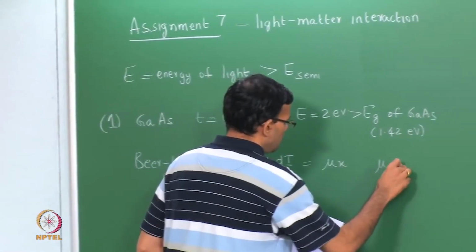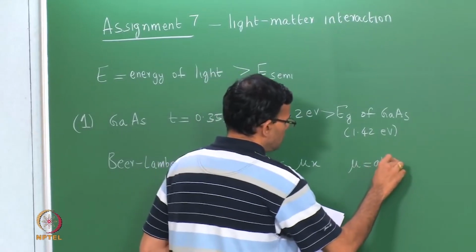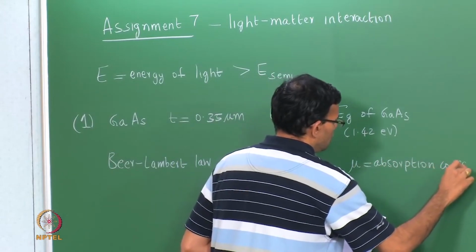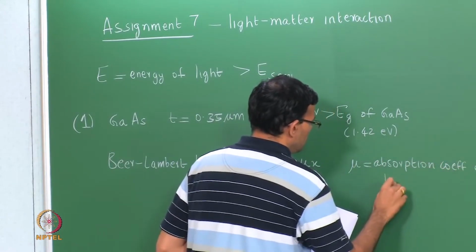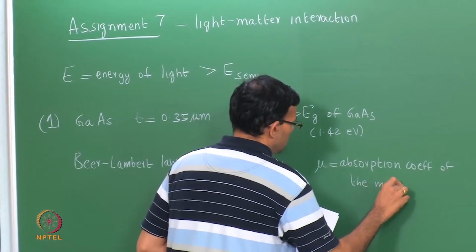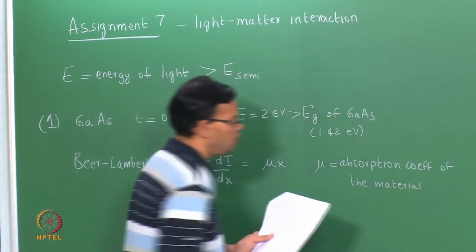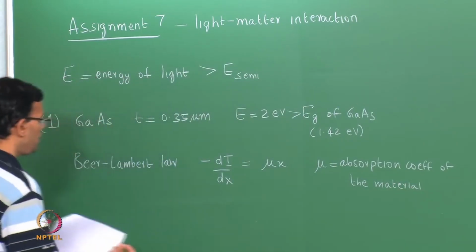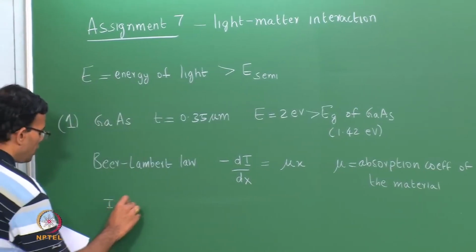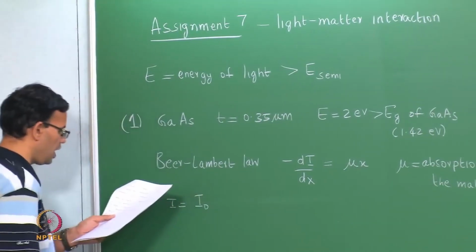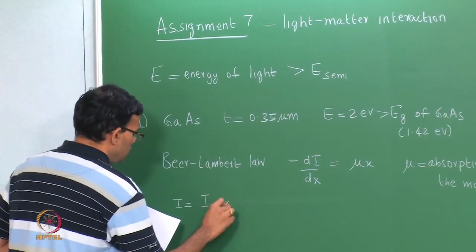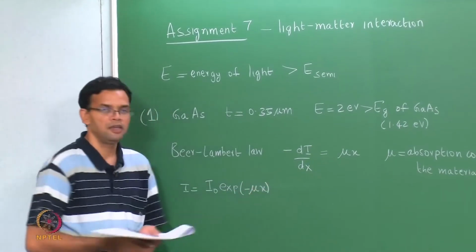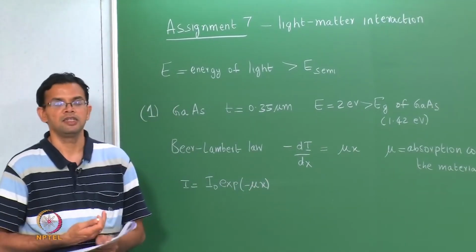Mu here is the absorption coefficient of the material. This in turn depends upon the wavelength of the light that is shining through this. We can integrate this and basically put the boundary conditions, which gives us I is equal to I naught exponential minus mu x. So, I here represents the transmitted intensity.